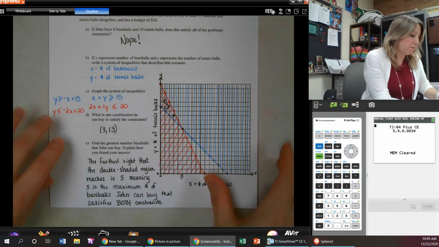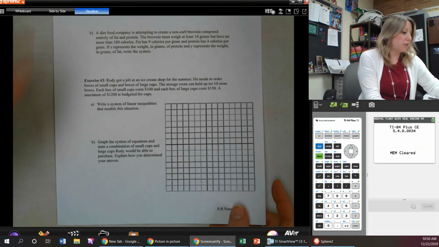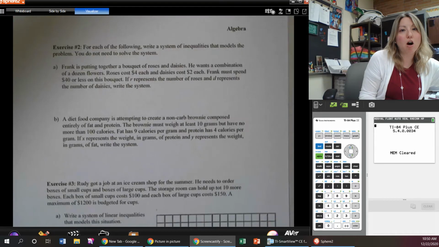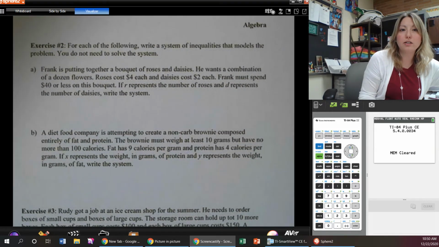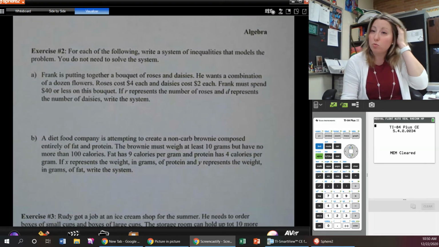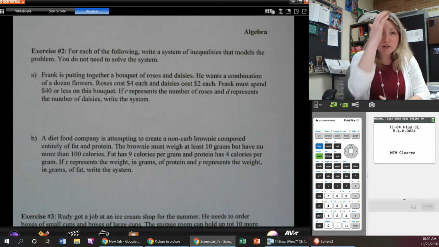Let's try this again. Okay, there's more than just baseballs and tennis balls here. Oh, this is great. So this is part of your homework. Is all you need to do is write inequalities that model the problem. You're not going to need to solve them. Okay, because really the only way to really solve these will be to graph them, right? To see that double shaded region.